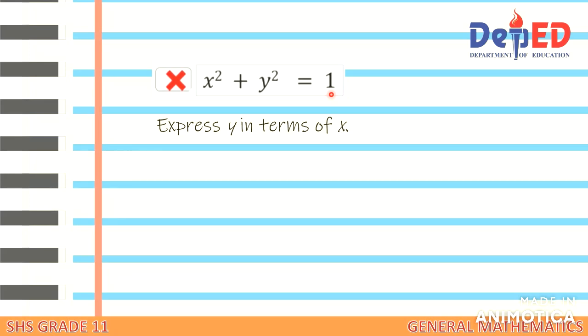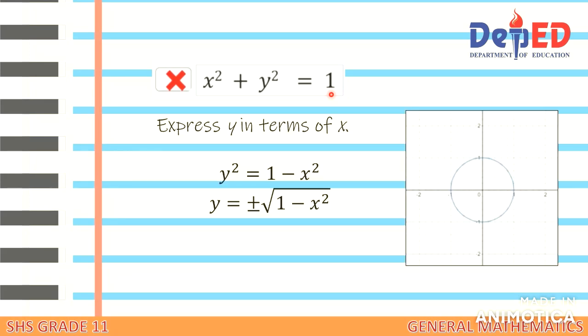So the graph of this is like this. It's a circle. So first, for us to determine the value of y, we must express y in terms of x. So we will have two values of y here, okay? So it means that it is not a function.